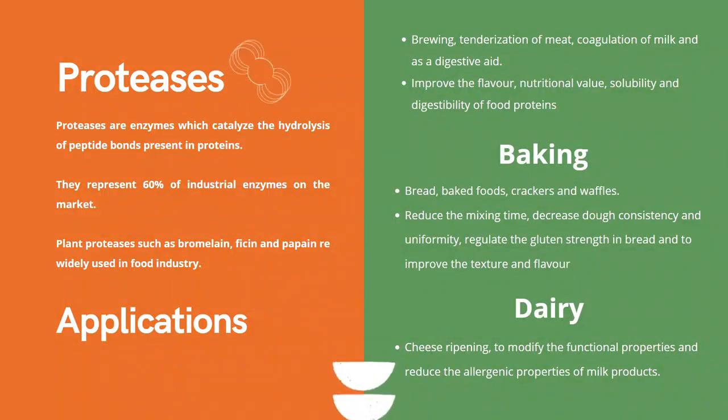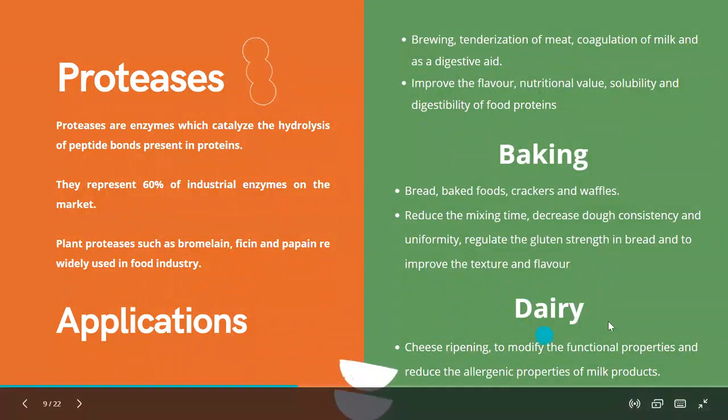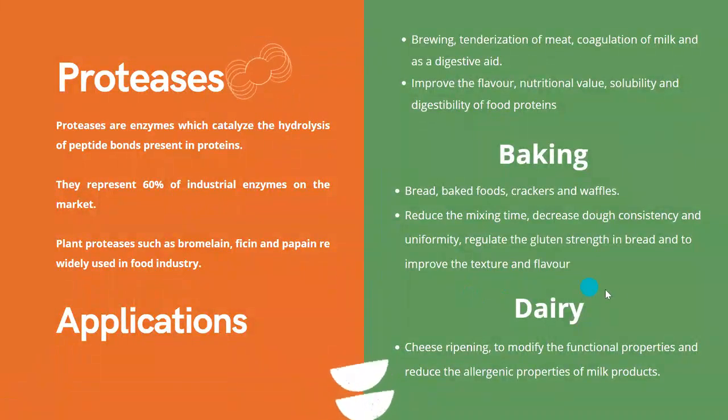I have already mentioned that. Coming to dairy, proteases are also widely used in the dairy industry. Why? For cheese ripening, to modify the functional property and reduce the allergenic property of milk products. Proteases, as you all know, break down complex proteins into simple compounds. Here they help in cheese ripening, right?